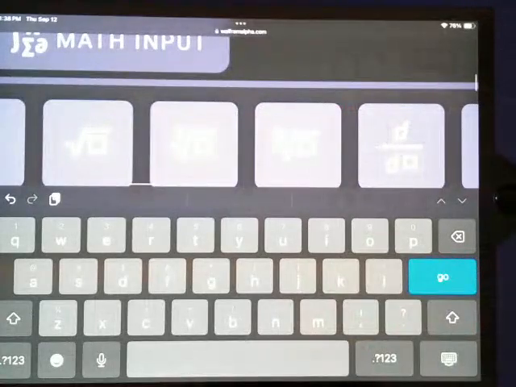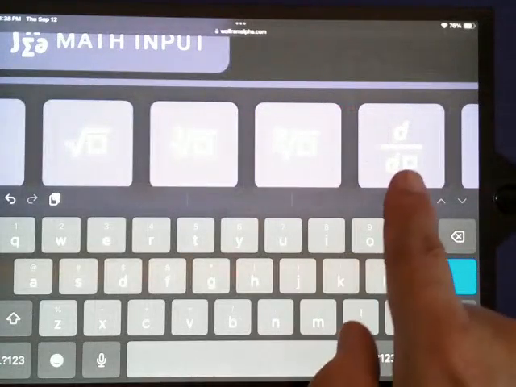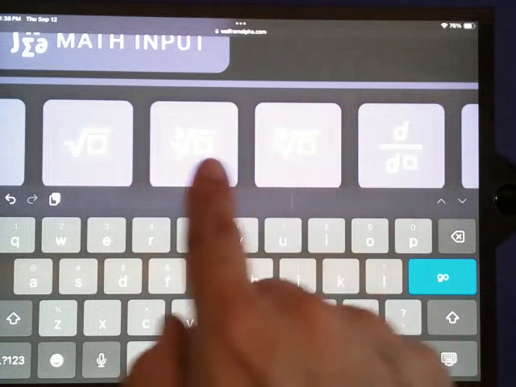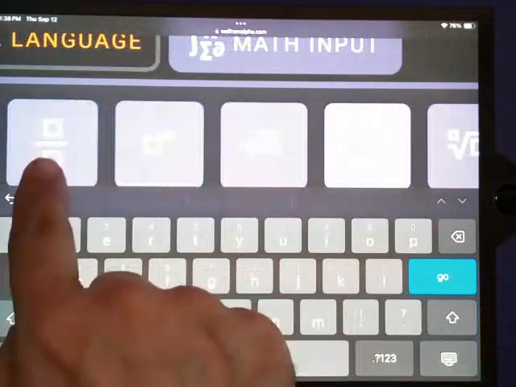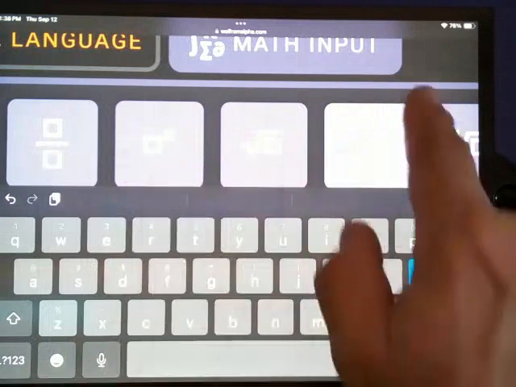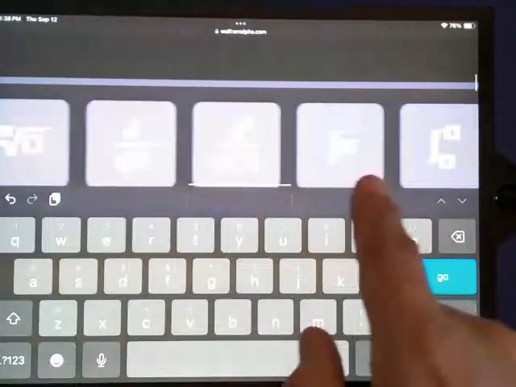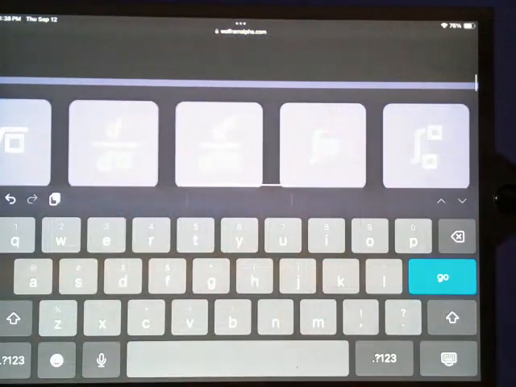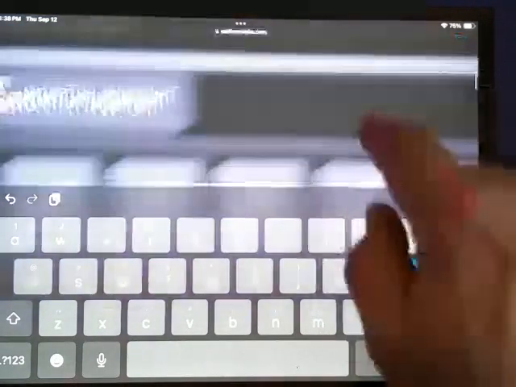Can we please see the symbol? There we go. Now you can see the symbols. Look, the derivative of roots, powers, fractions, integrals, and definite integrals.